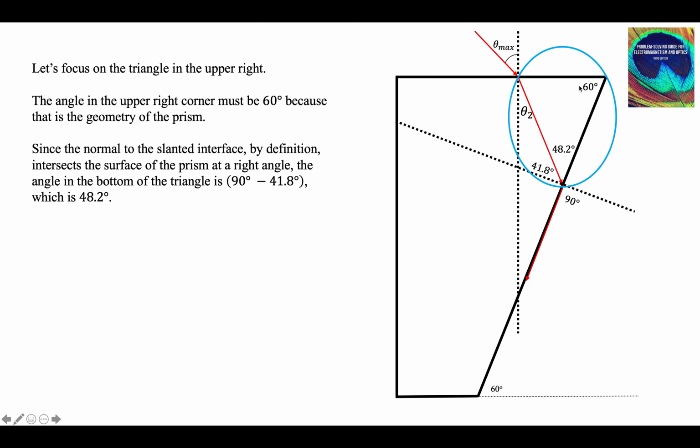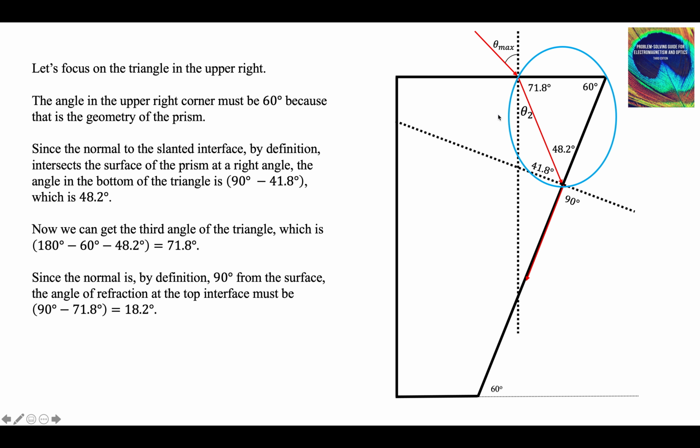We know that the three angles have to add up to 180. We can subtract 60 and 48.2 from 180 to get this angle. And it's 71.8. So now we have 71.8, and we know that's normal. So if we subtract 71.8 from 90, we can get this angle. And there it is, 18.2 degrees.